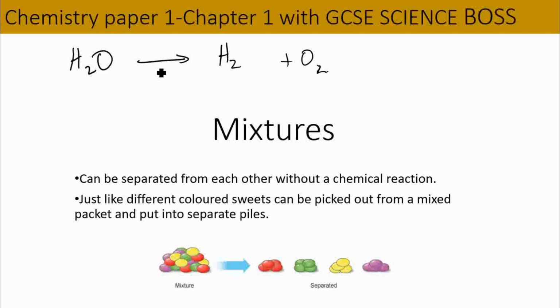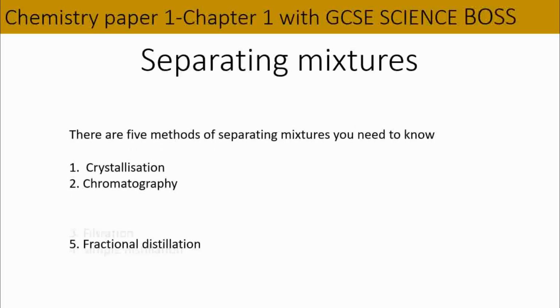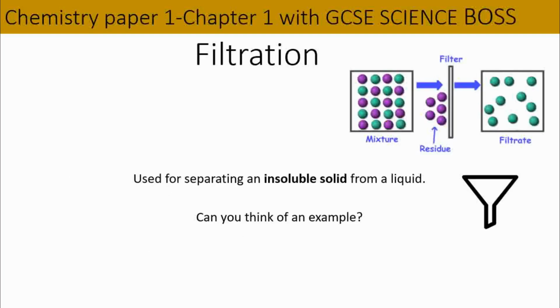That's difficult, because it's chemically bonded. However, mixtures are quite easy to separate because they're not chemically bonded. So the different methods of separating a mixture are physical methods such as crystallization, chromatography, filtration, simple distillation, and fractional distillation. So let's look at the different methods of separation.